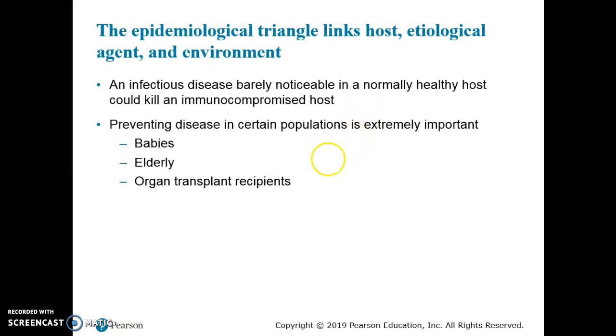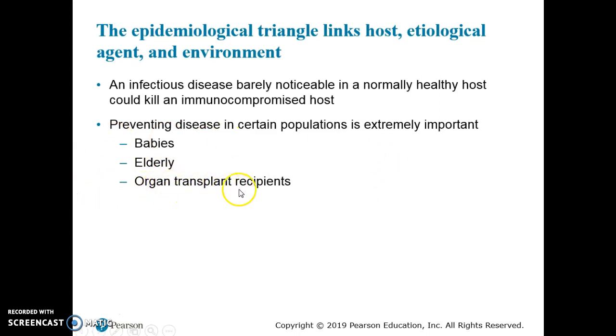All right, those who are at risk are babies, because their immune system isn't functioning properly, it hasn't matured. The elderly, because their immune system as well as their overall health is actually deteriorating some. And then organ transplant recipients and a lot of other people with chronic diseases, such as rheumatoid arthritis or inflammatory bowel disease, that are actually on medications to dampen the immune response.